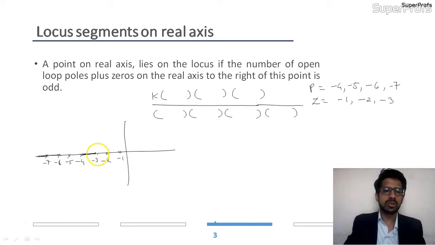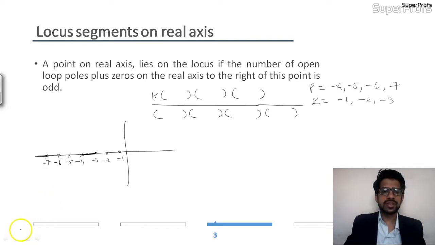So you have this root and this root. So these are three zeros over here and 0 poles. So you have 3 plus 0, 3 poles and zeros, which is odd, and that is why this particular segment will lie on a root locus.